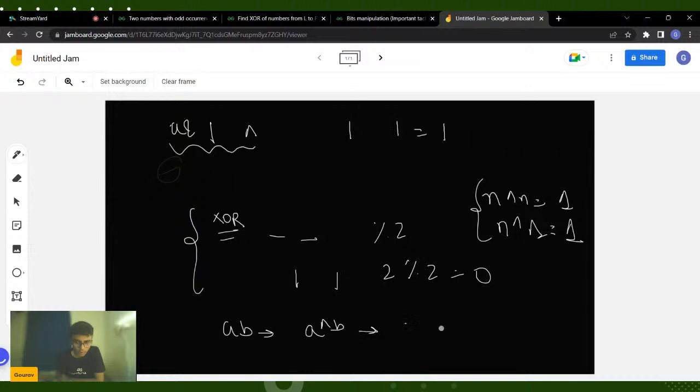Can anyone tell me an expression involving two numbers, a and b, an expression for a XOR b in terms of a and b? Maybe I actually asked a difficult question. You may not know this property very well. So you can try how you would represent a XOR b in terms of a and b.